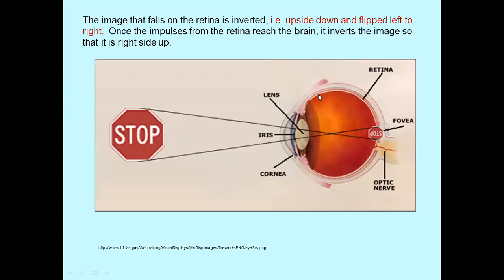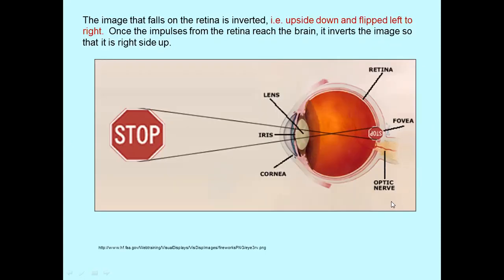Okay, so the image that falls on the retina is inverted, and it is flipped from left to right. Once the impulses from the retina reach the brain, it's the brain that inverts the image, so that it is the correct side up.